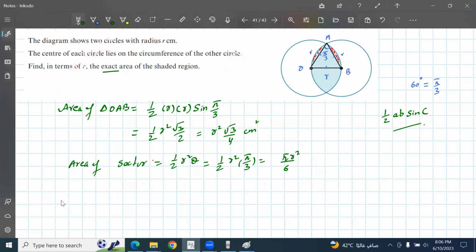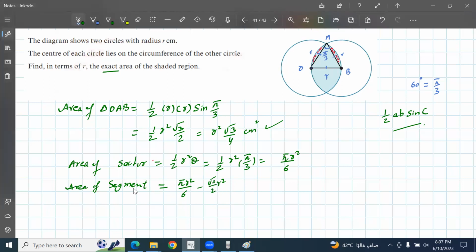And how to find the area of segment? Remember that area of segment equals area of sector, which is pi r squared over 6, minus area of triangle, which you found here, r squared square root of 3 over 4.